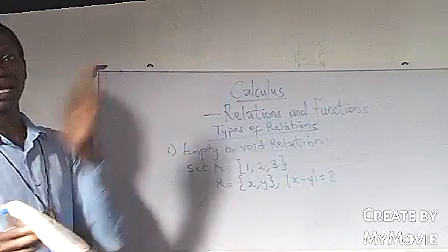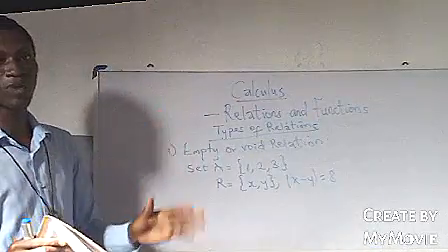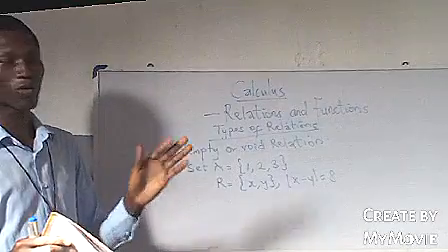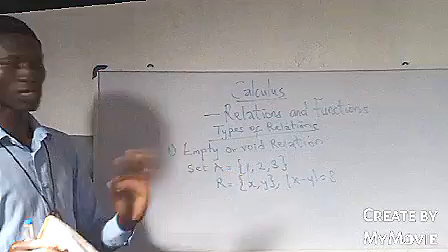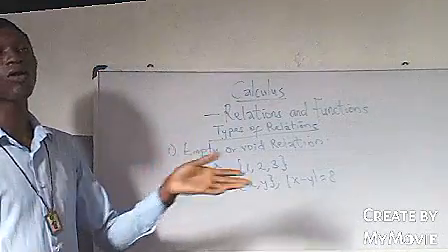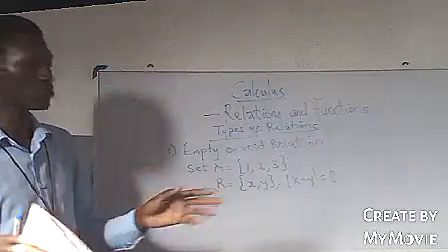Remember, I said that an empty or void relation is whereby the members of one set are unrelated to the members of another set, or all the members in a particular set are unrelated.